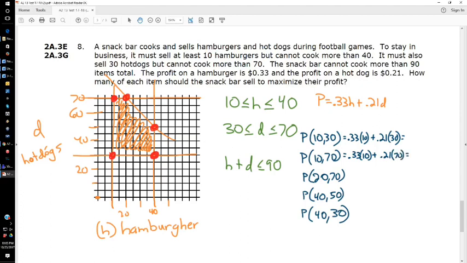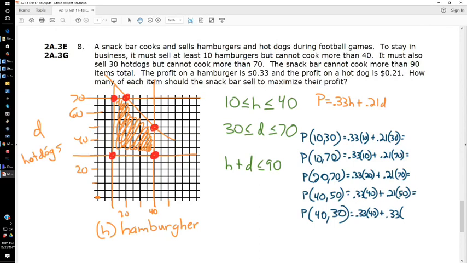It's pretty fascinating. 0.33 times 20 plus 0.21 times 70. 0.33 times 40 plus 0.21 times 50. One more. 0.33 times 40 plus 0.21 times 30.